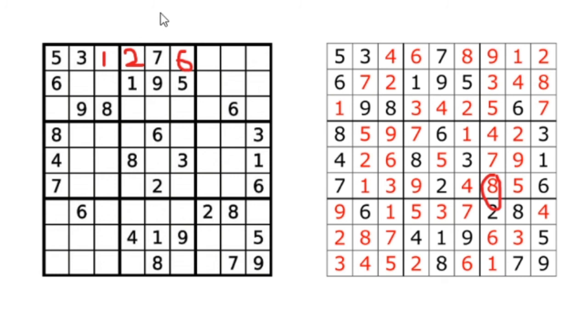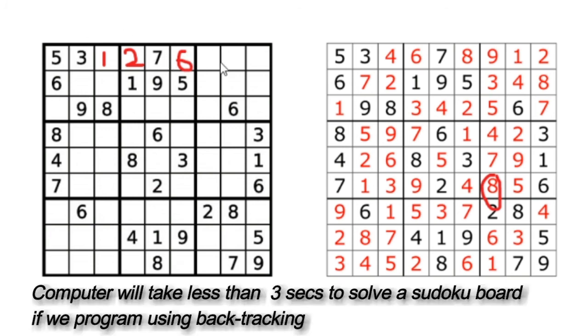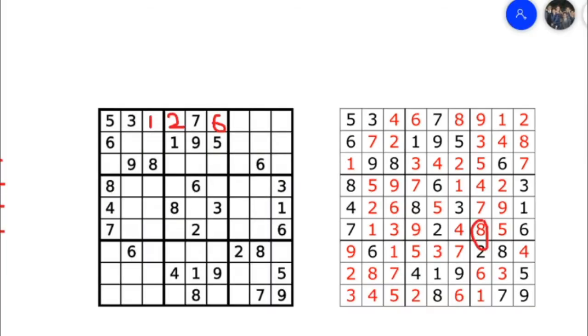If we do a process like this, it will take us such a long time. But the thing is that computers are very fast. So that's why it will take less than 3 seconds to solve this board. In this way, using backtracking, the computer will solve this whole thing in a very short time.